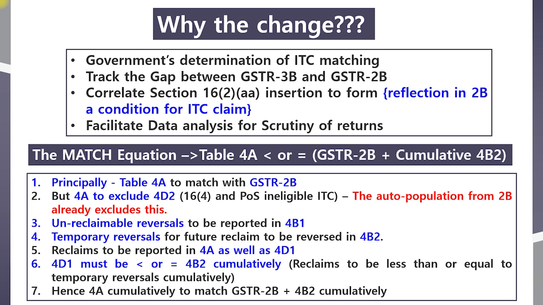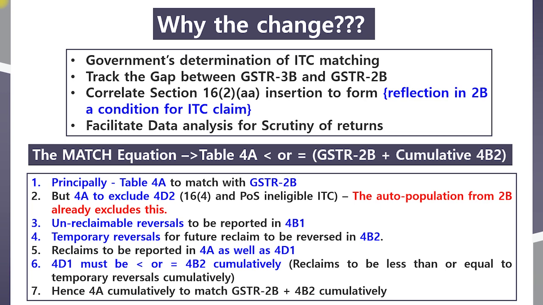We may also correlate to section 16(2)(aa), an additional condition which has been inserted for the purpose of claiming the input tax credits, which talks about reflection in GSTR 2B is a condition for the ITC claim. And also this matching, once it is implemented upon and complied, it will facilitate data analysis for the scrutiny of returns. Probably these are the objectives with which this change has been brought in.